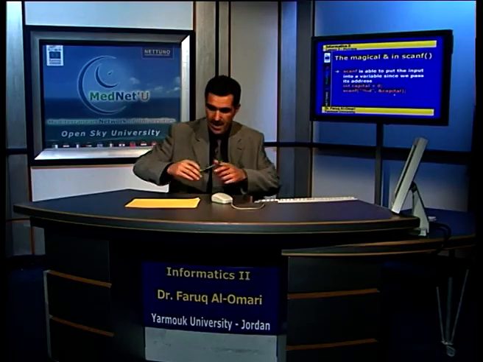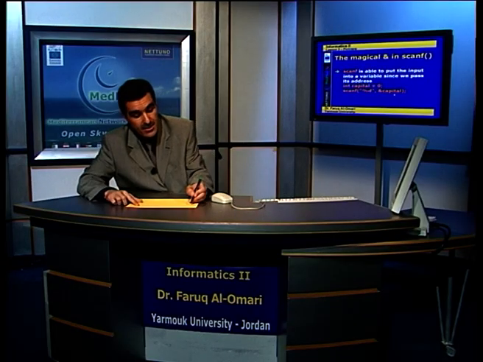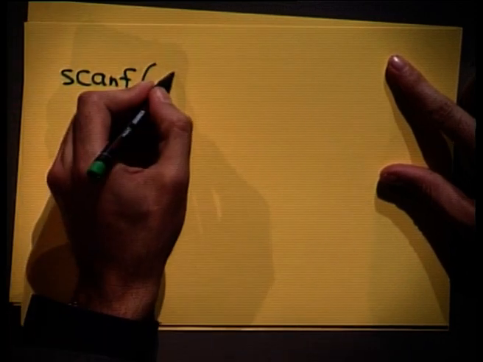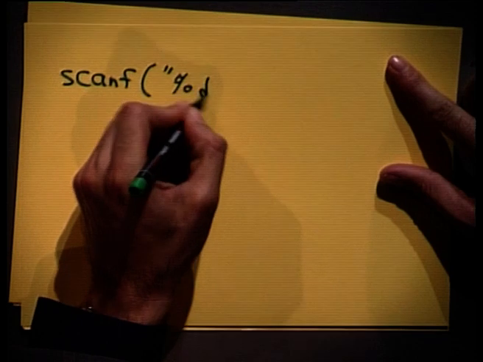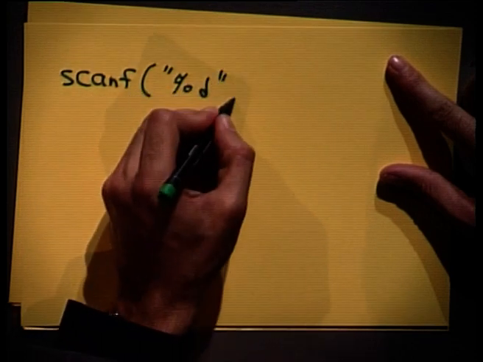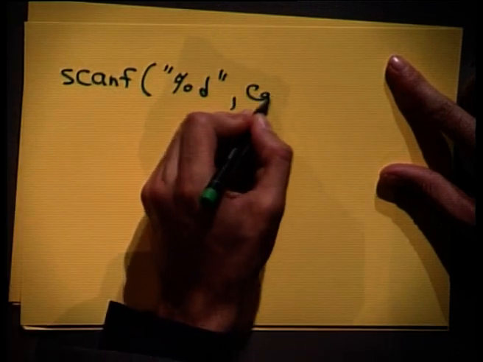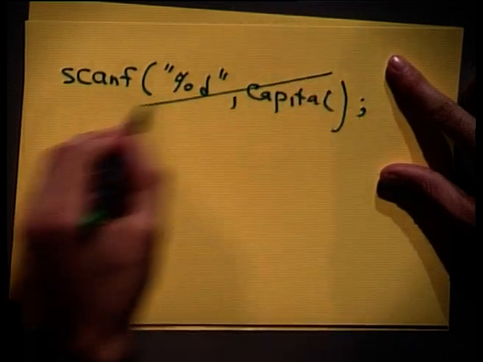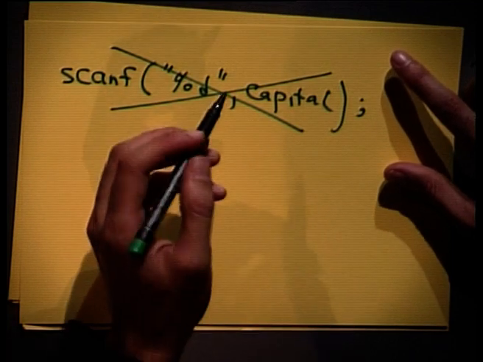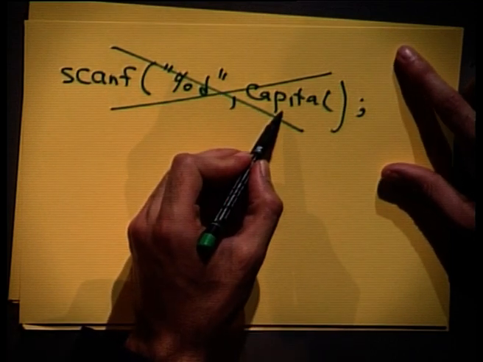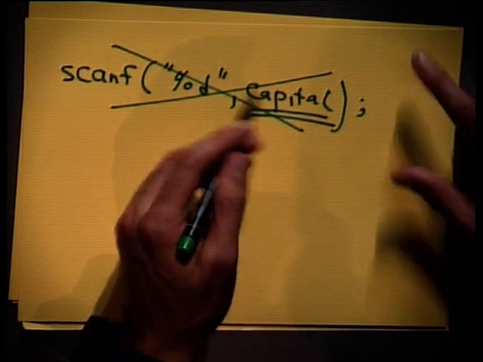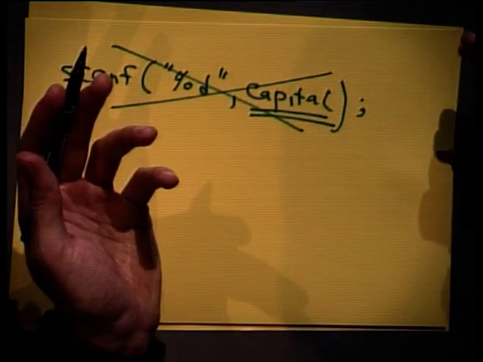Like, we don't say scanf, this is the format, and let's say capital. This is wrong in C because it assumes that it's going to get the value from this address, and it looks at capital as an address rather than a value or a variable. And this is not the way we do it.